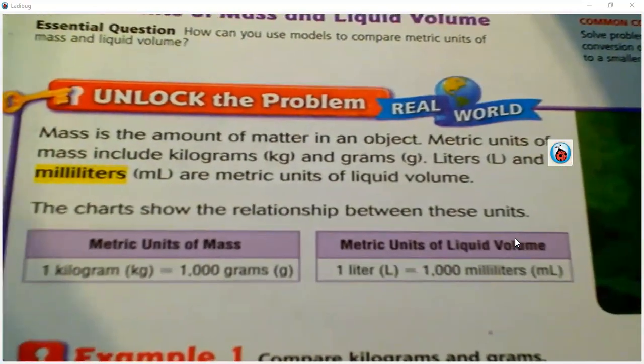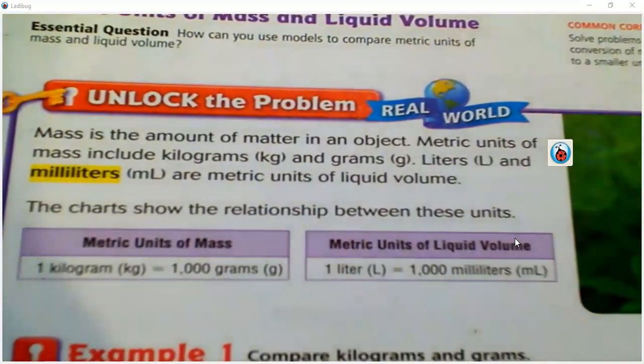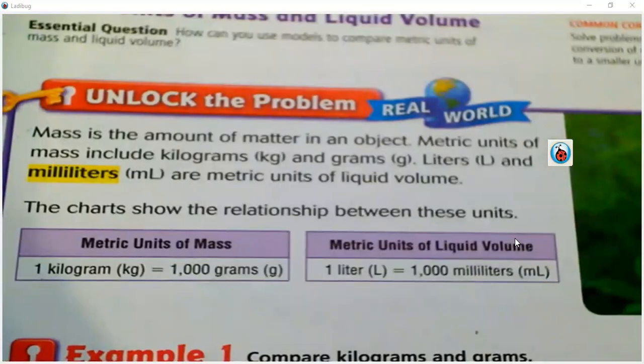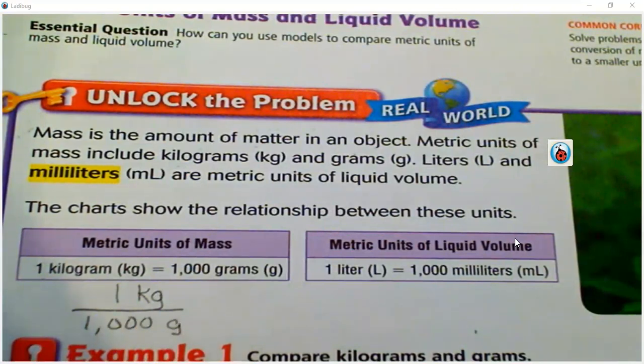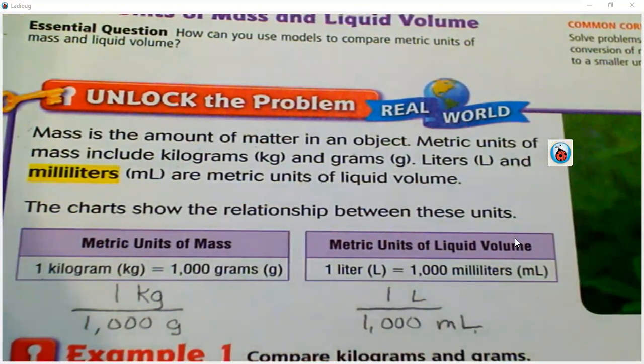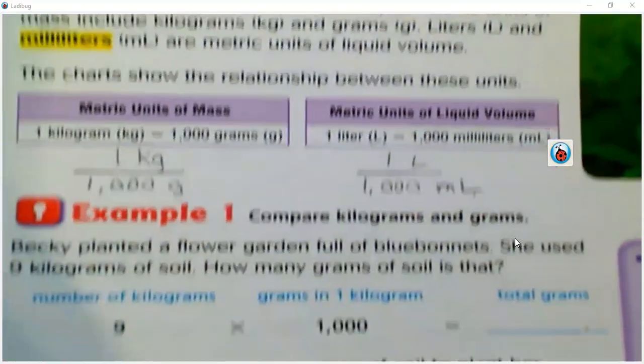I'll try to get this more in focus for you. There we go. Awesome. Okay, so 1 kilogram is equal to 1,000 grams. 1 liter is equal to 1,000 milliliters. So let's use that information and let's solve some problems here, okay?